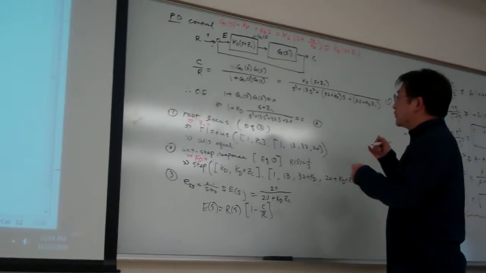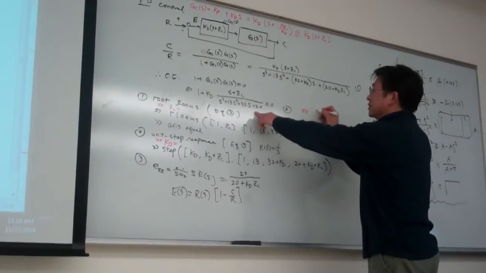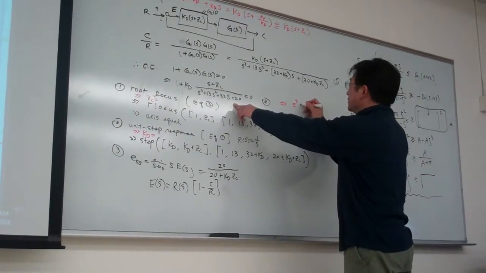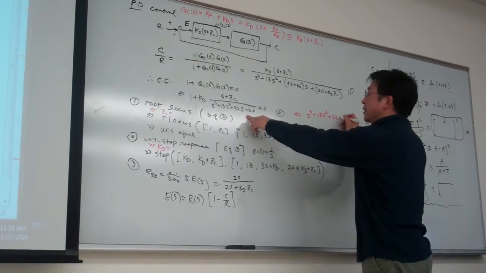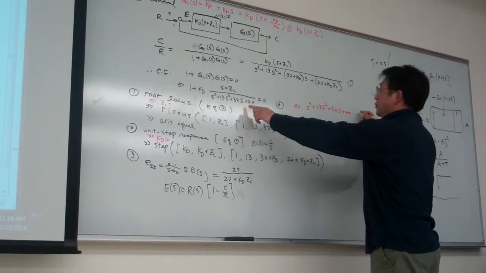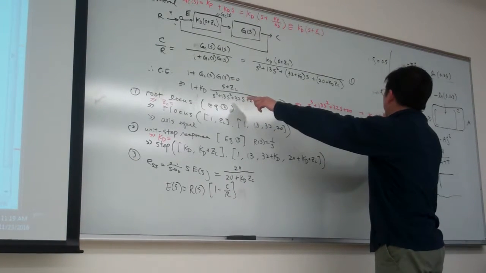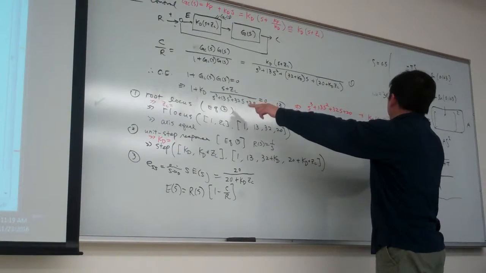We rewrite this equation. This equation basically is s^3 + 13 s^2 + (32 + KD) s + (20 + KD ZC) = 0.